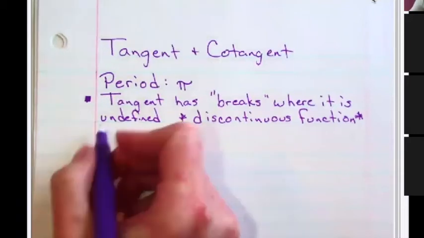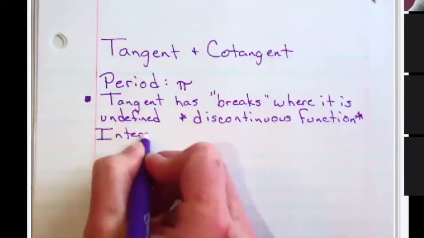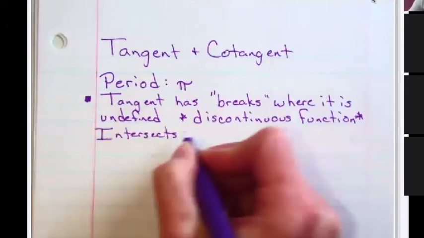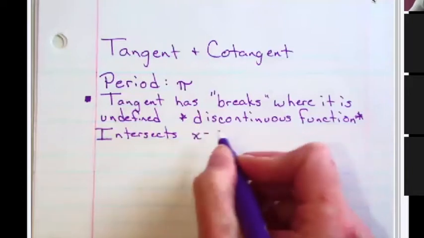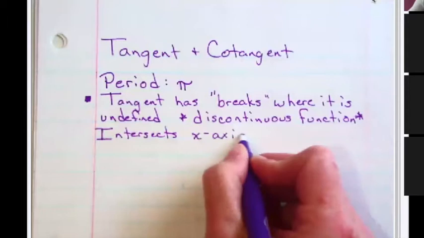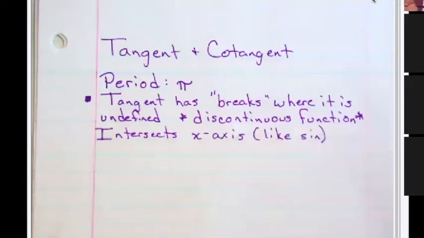It also intersects the x-axis, kind of like sine does. So just like sine starts at the origin, tangent is going to intersect the x-axis at the origin also.